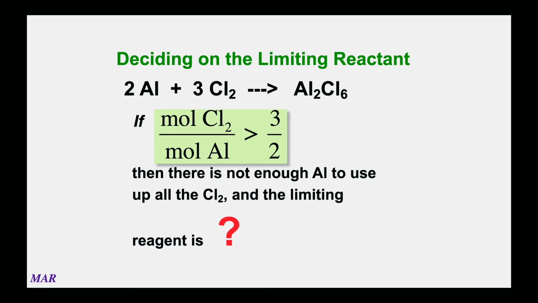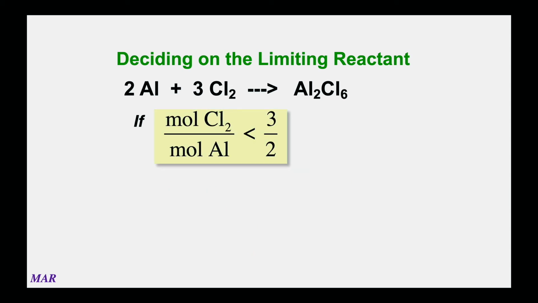You don't have enough aluminum to use up the chlorine. And if you don't have enough aluminum, that means your limiting reactant is aluminum. So if the ratio is larger than 3/2 in this case, that means too much chlorine, not enough aluminum. Not enough aluminum means aluminum is limiting.